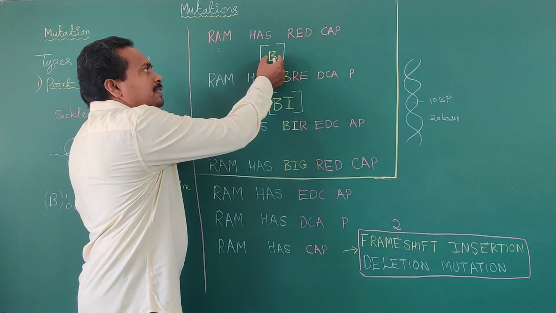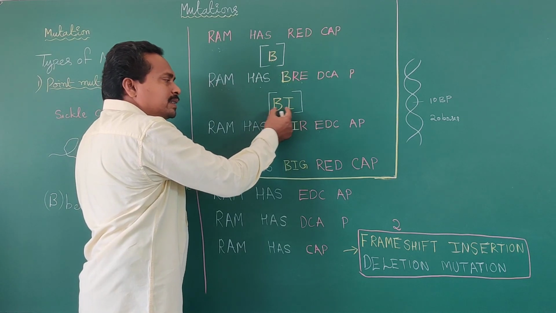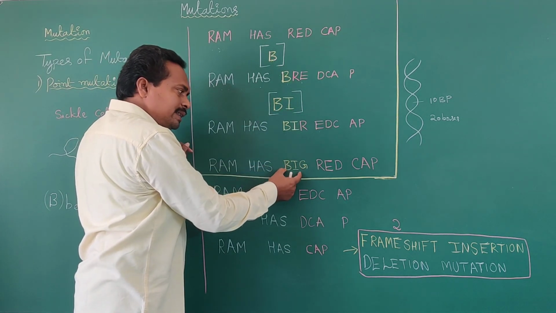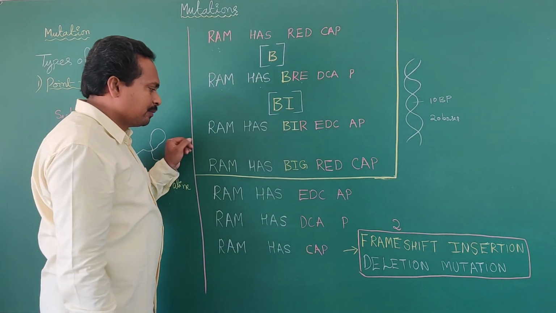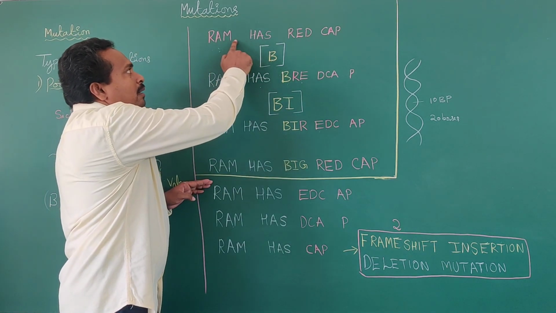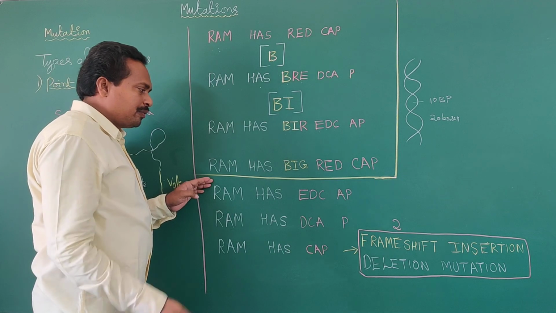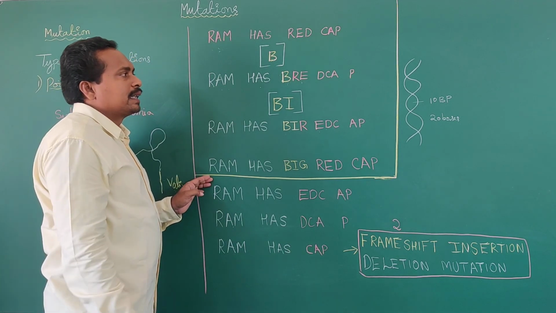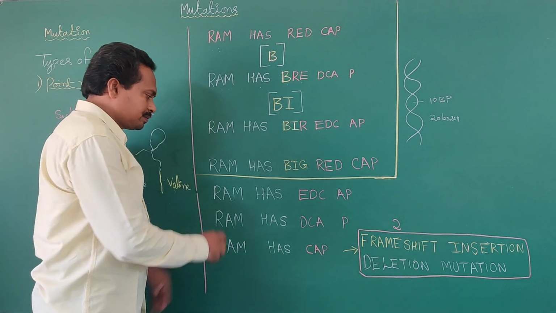Which letters are inserted? First B is inserted, later I is inserted, BI, and here BIZ, 3 alphabets are inserted. Whereas in this statement, what is the first given statement? Ram has red cap.